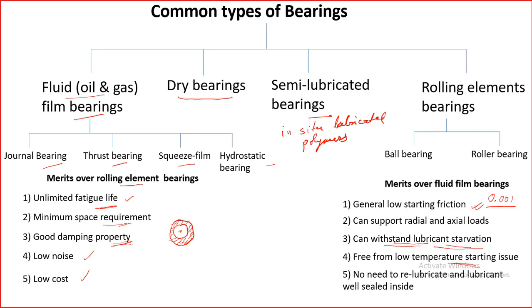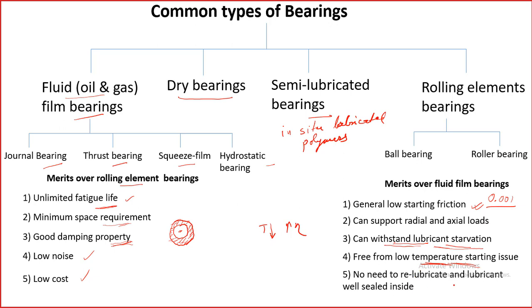For most lubricants, as temperature goes down, the viscosity increases, and high viscosity means high coefficient of friction. This is the problem with fluid film bearings, but in the case of rolling element bearings, we do not have this problem, so they are free from low temperature starting issues.